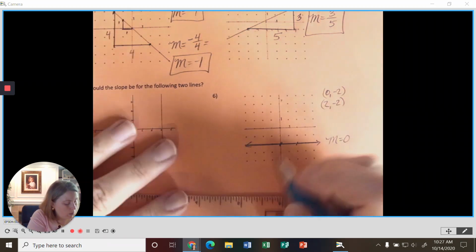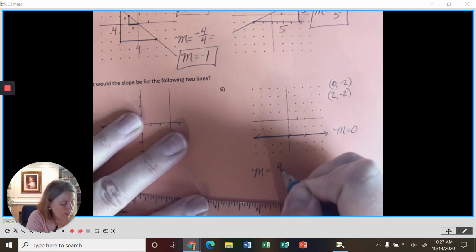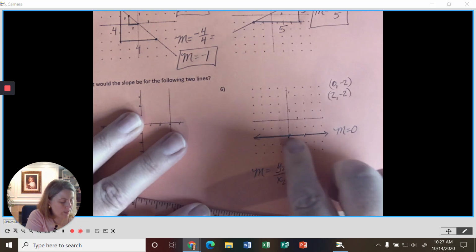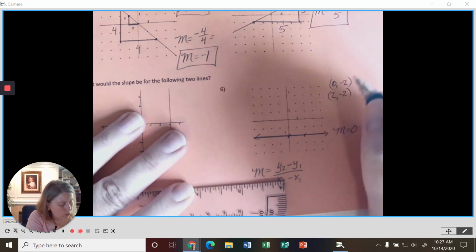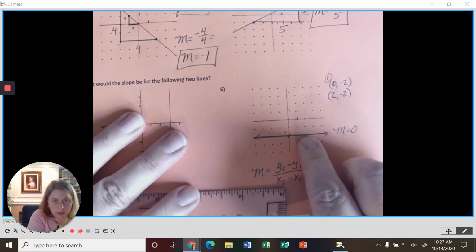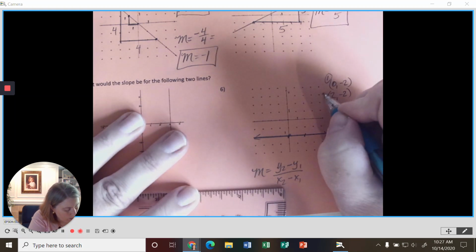Now let's use our slope formula. Remember, that's y sub 2 minus y sub 1 over x sub 2 minus x sub 1. As we read the line left to right, we'll call the first one point 1, so 0, -2 is our first point, and 2, -2 is our second point.